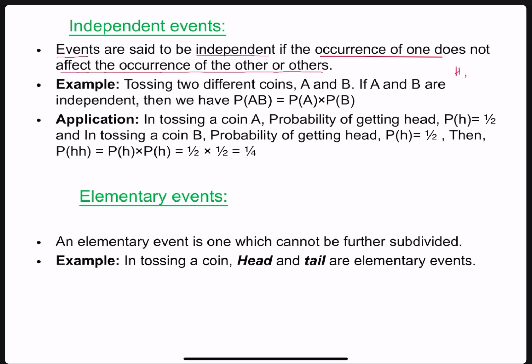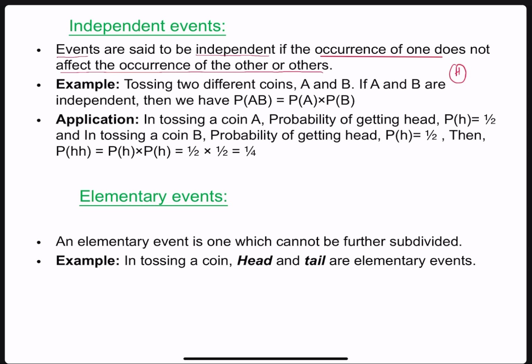Now when you toss for the second time, does this affect the outcome of the next toss? No. You will either get head or tail again. Suppose you get head at the first toss, it is not the case that in the second toss you will get tail. There are no rules like that. Therefore, independent events means even if one has occurred, in the next toss it doesn't affect the occurrence of the others. This is called an independent event.